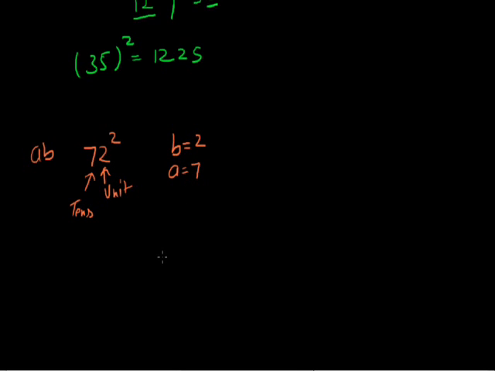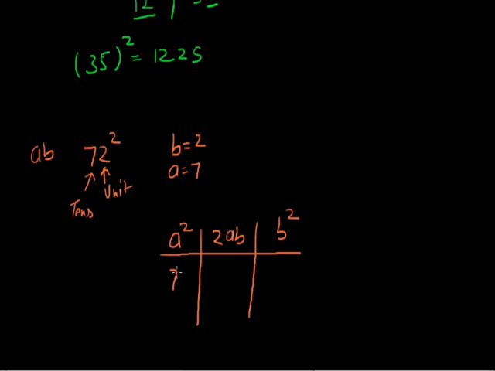Now by the column method we make three columns: first column A square, second column 2AB, and in the third column B square. Now we put the values: 7 square, 2AB that is 2 multiplied by A, that is 7, and B is 2, and B square, that is 2 square.